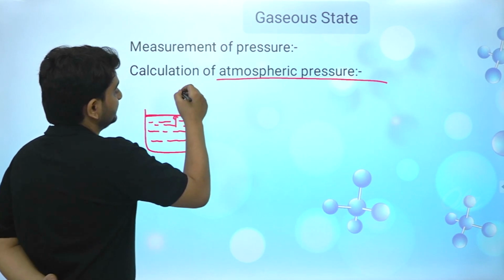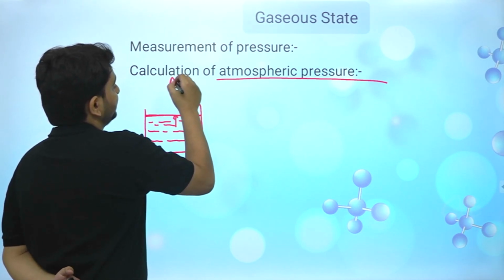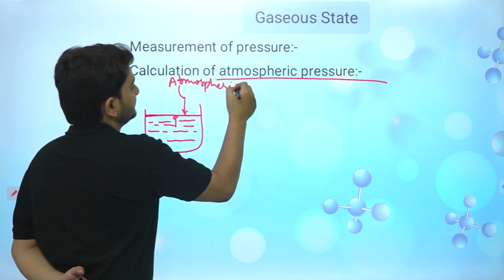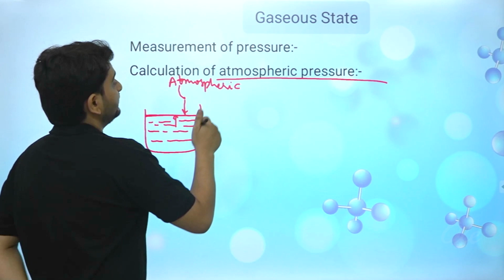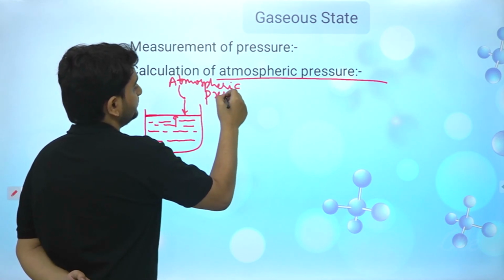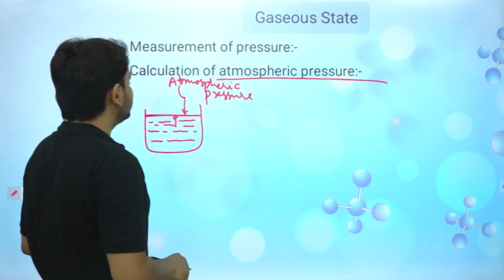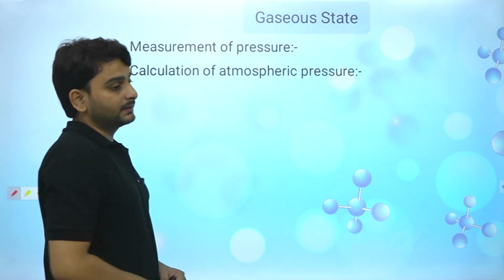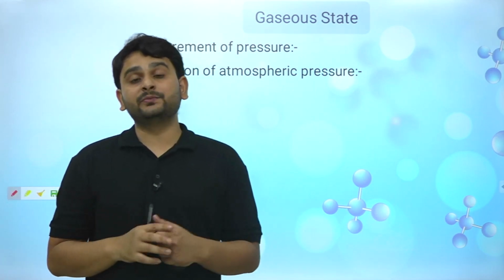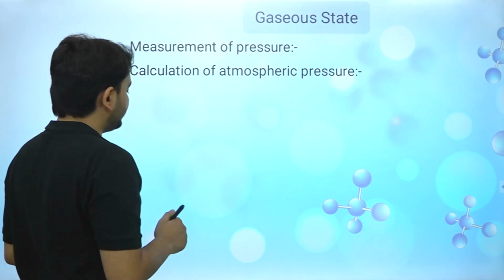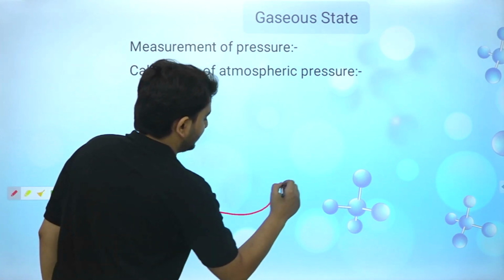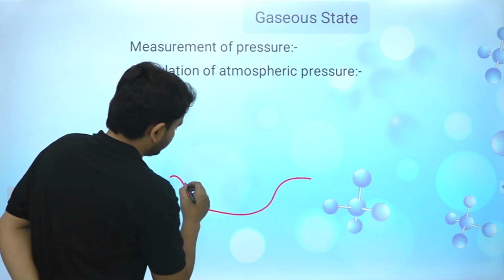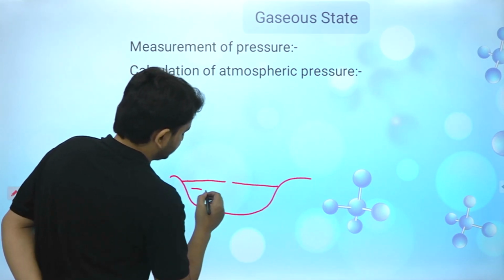What is that something? That something is the atmospheric pressure, what the surroundings is exerting on our system. How do we measure atmospheric pressure? We measure atmospheric pressure using what's called a barometer. All right. So in a barometer, we have a vessel, a dish in which mercury is placed.